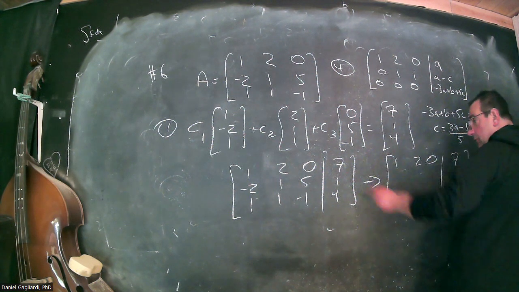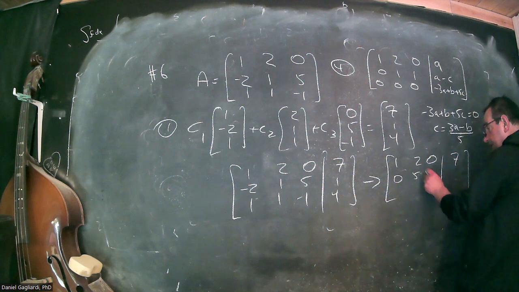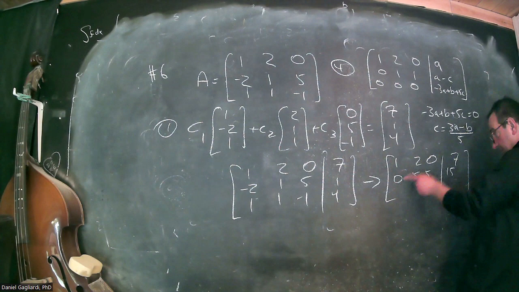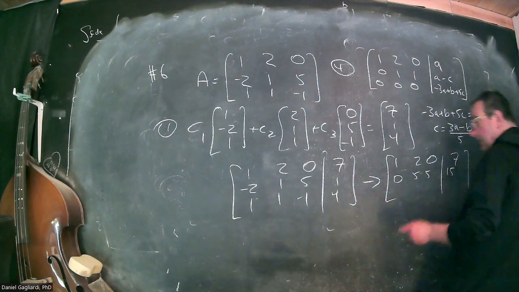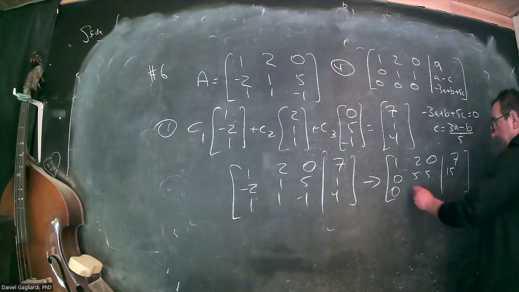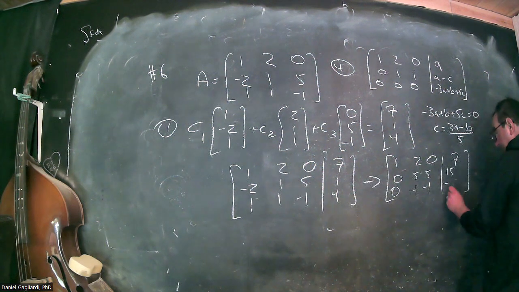And then on the left-hand side, we get 0, 5, 5. 2 7s plus 1 is 15. Nice, because we can divide by 5. And then row 3 minus row 1 gives us a 0, a negative 1, a negative 1. And 4 minus 7 is negative 3.